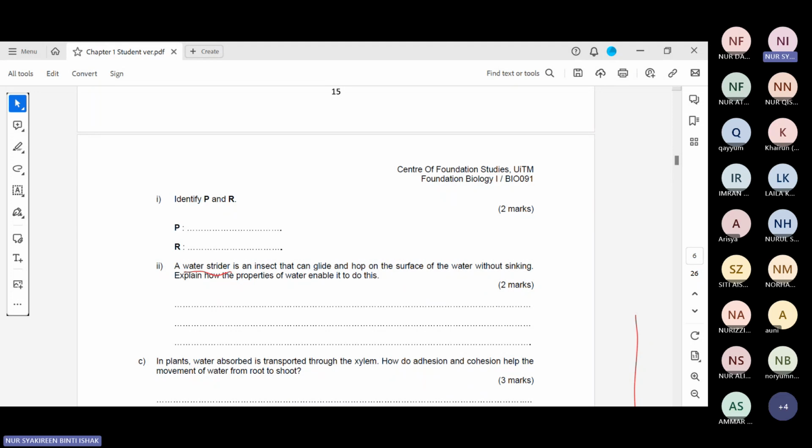It is due to the attraction between water molecules, which we call cohesion. So the first point is cohesive behavior between water molecules. Second, it causes the water to have a high surface tension.